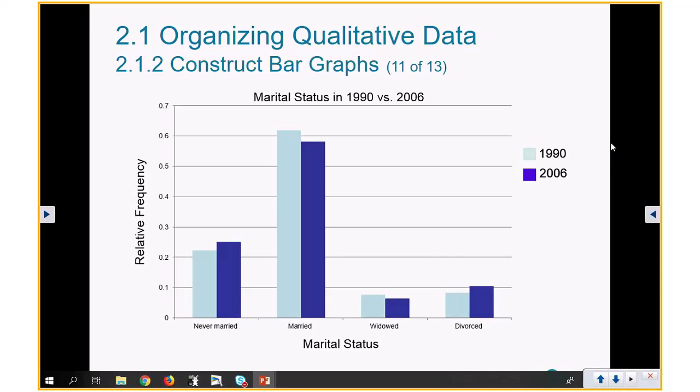When you have a side-by-side chart, that's usually with two sets of data. More than two sets. And that's about it on that one.